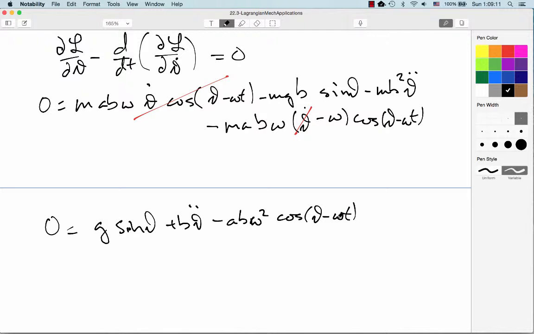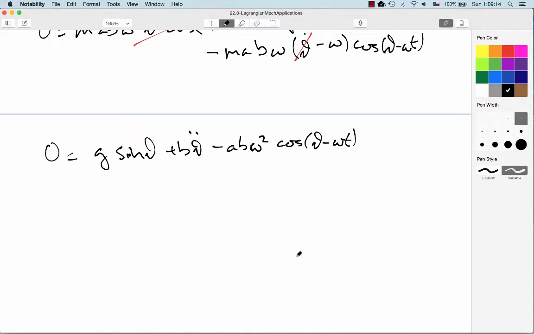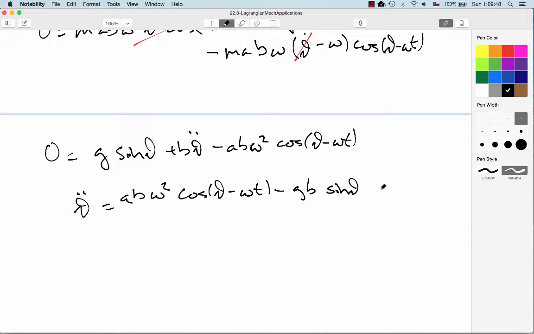All right, and then we can get that into standard-ish form. We can write that as theta double dot equals ab omega squared, and we'll be dividing by b squared, so cancel, cancel. So we have ab omega squared cosine theta minus omega t minus gb sine theta, right?